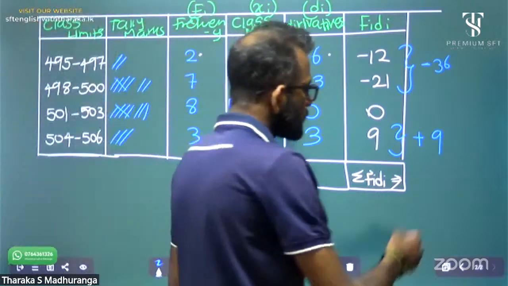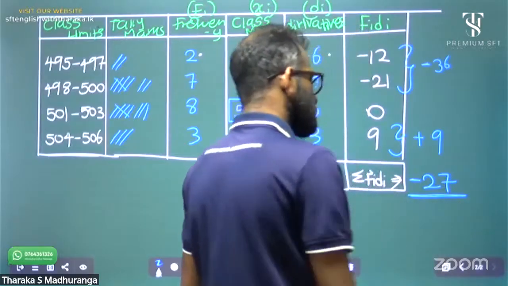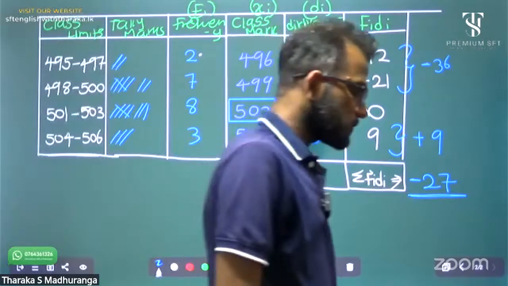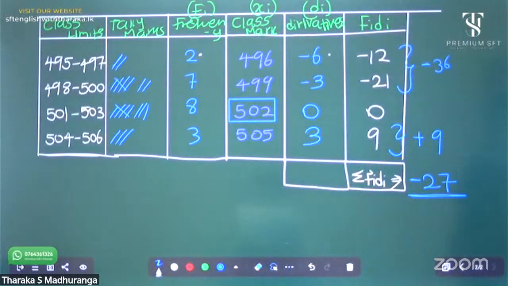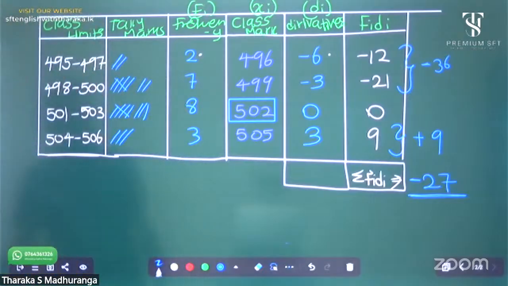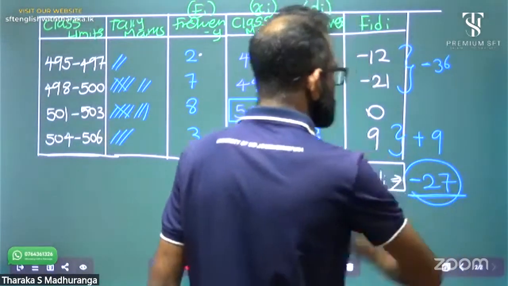Minus 27, right? Check. Minus 27. It's minus 27.